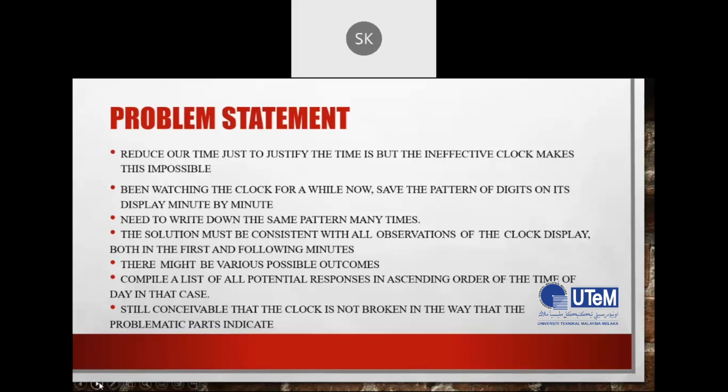Then there might be various possible outcomes. Compile a list of all potential responses in ascending order of the time of day in that case. Last, it is still conceivable that the clock is not broken in the way that the problematic parts indicate. Okay, next.